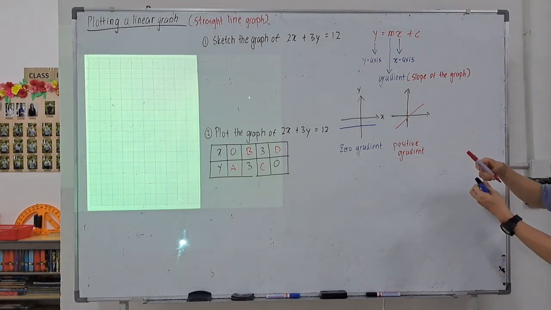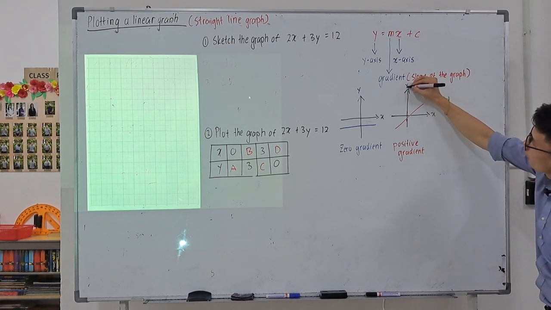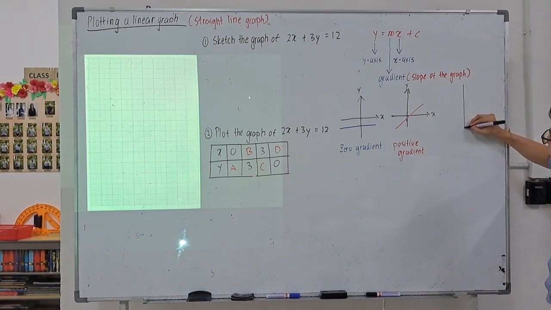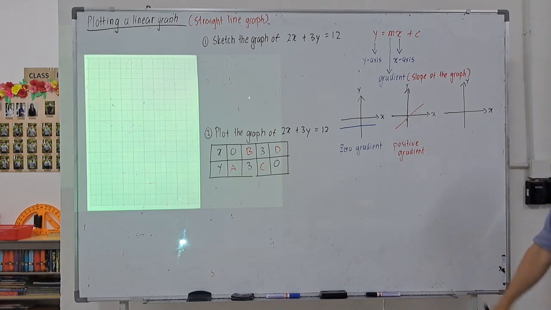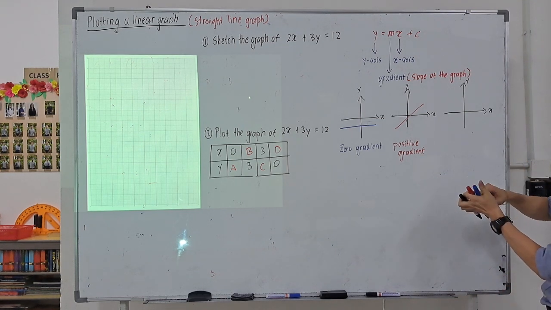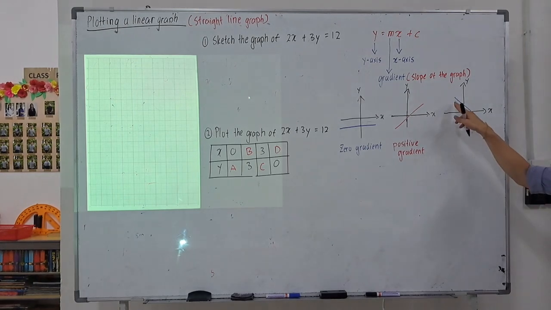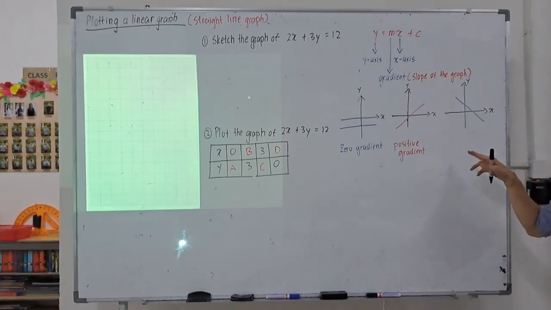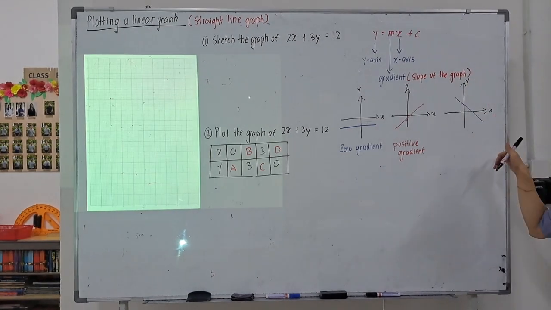And finally here, if I were to sketch another simple graph, and let's just say my line right now comes from like this. So you can see there is a slope as well, but this time it is going downwards.